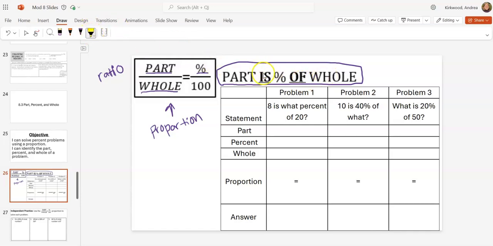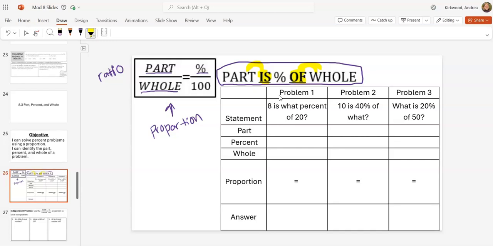So these two words are very important because they help you identify if it's a part or a whole. The part is almost always in front of a word like is. And the whole number is almost always after a word like of. The percent is just going to say percent, or it's going to show a percent sign.